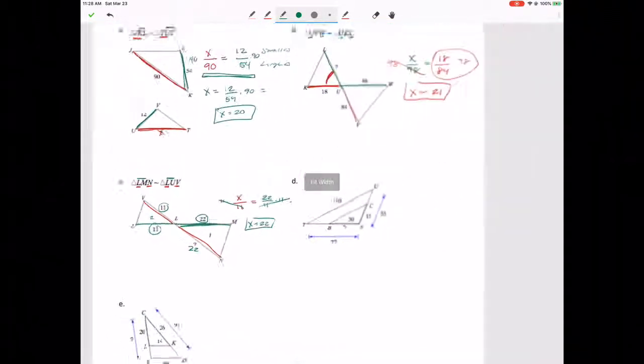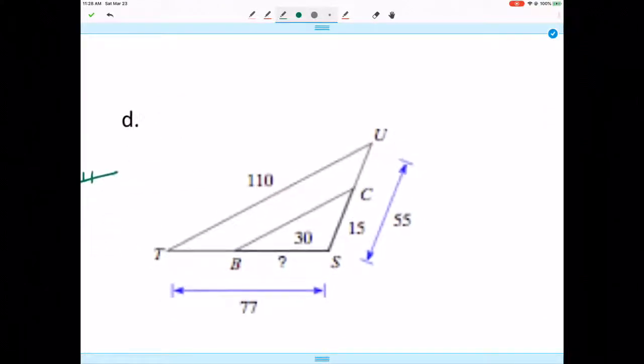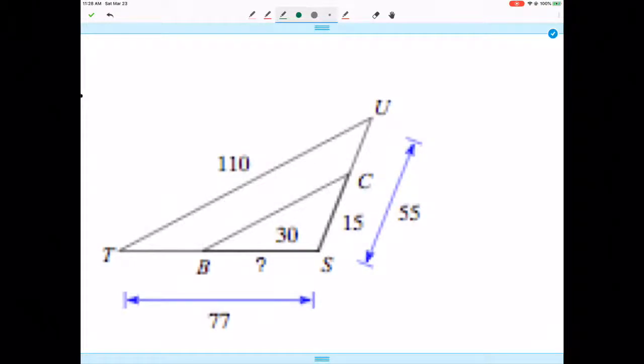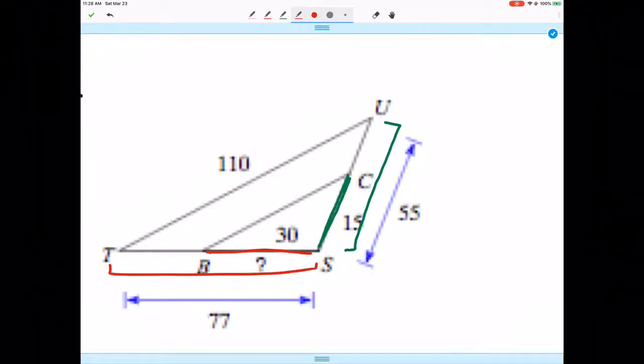Right? All right, so here we have another problem that doesn't have this similarity statement, but it's pretty much obvious which sides are corresponding. Okay, so for example, this side corresponds to this whole side, and this side for the small triangle corresponds to this whole side of the triangle.